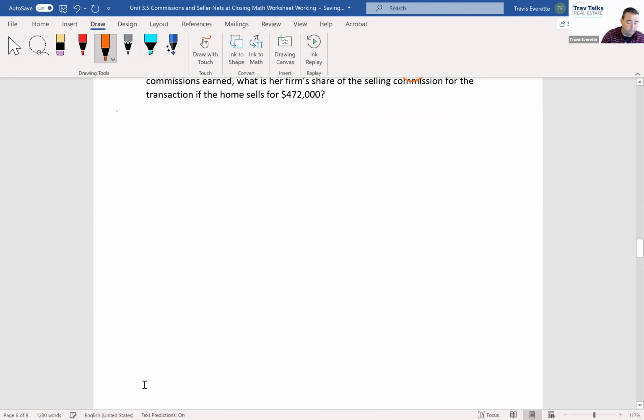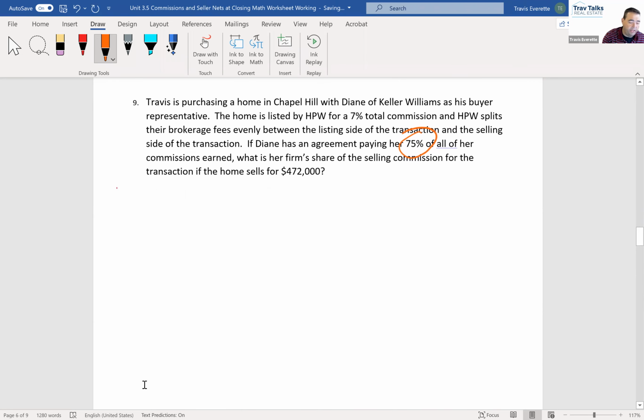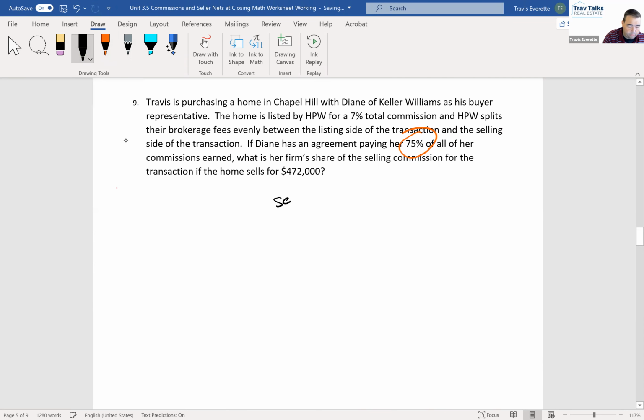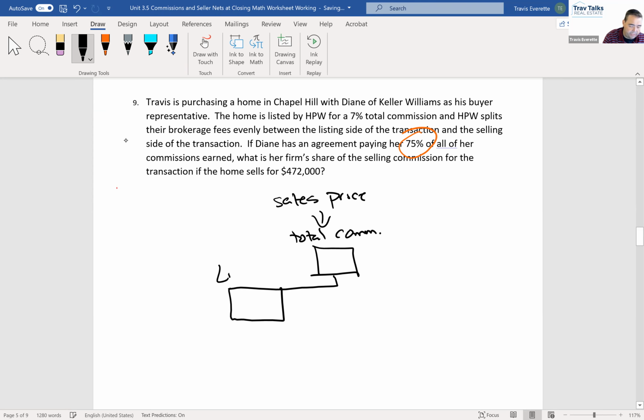Give myself some room here to work. So I may as well go ahead and map it out. Let me go ahead and get the thing drawn out so I'm ready to go. I know we've got the sales price up here at the top. From there, we've got the total commission. Go ahead and get that in. That total is going to get split into a listing side and a selling side.